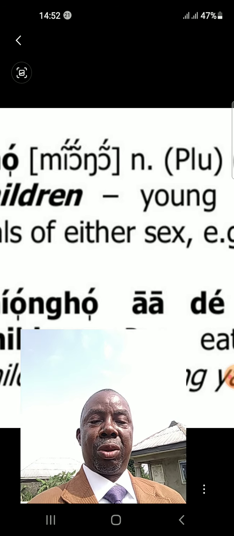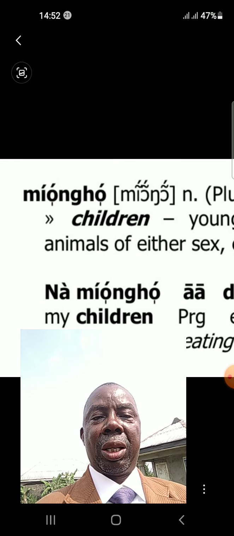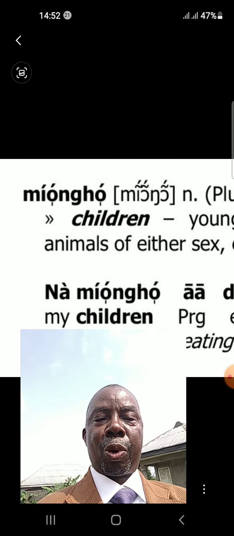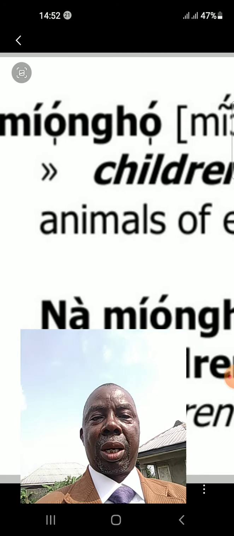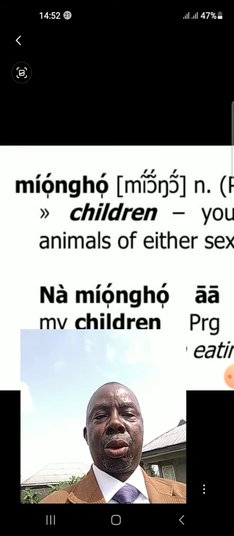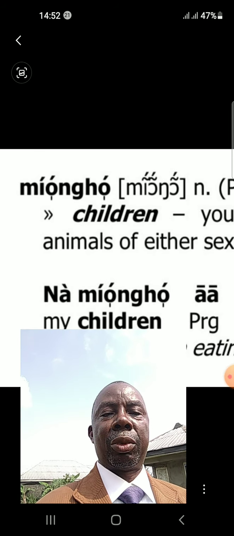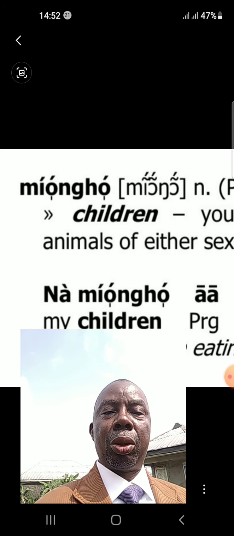So now, this is the actual way of writing it. Look at the pronunciation there. The meaning of the word is children.